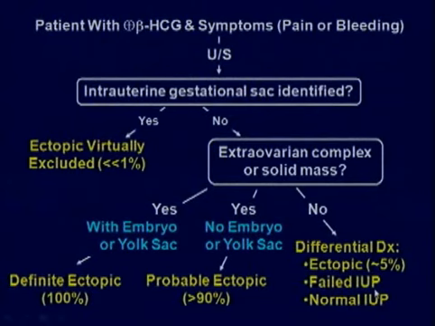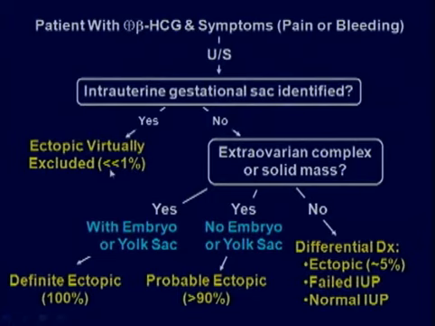So based on these numbers, we can put together the following diagnostic algorithm or diagnostic chart. If we start with a rule-out ectopic patient, one with a positive pregnancy test and symptoms of pain or bleeding, the first test would be an ultrasound. And the first question to ask when we do the ultrasound is, do we see an intrauterine gestational sac? If the answer to that is yes, an ectopic pregnancy is virtually excluded.